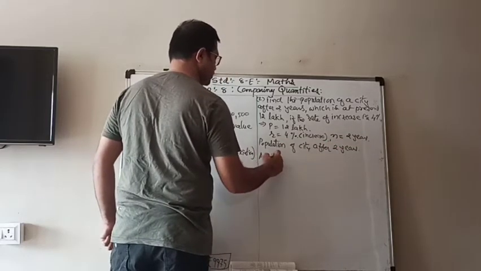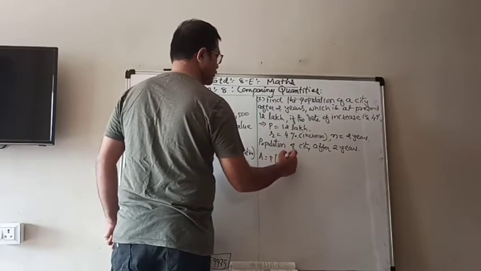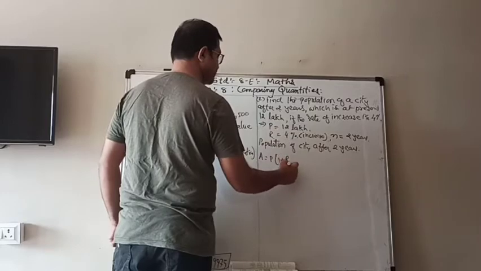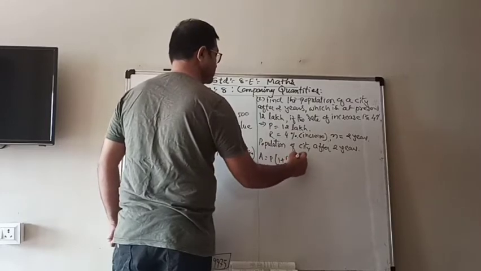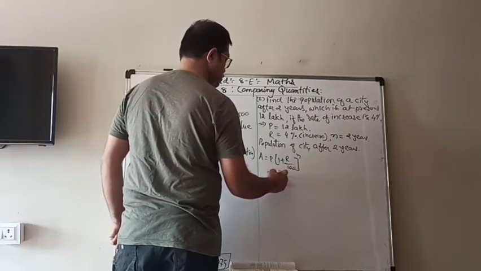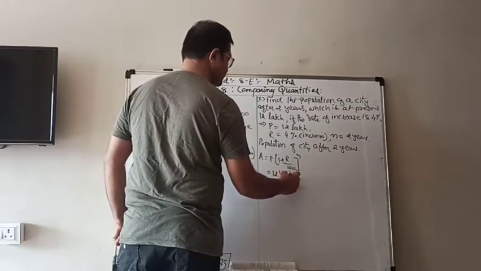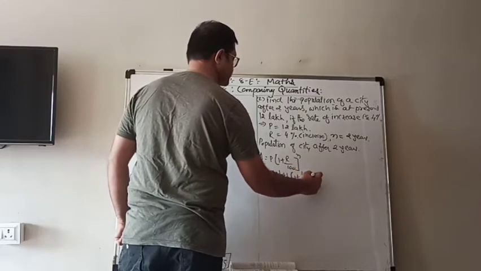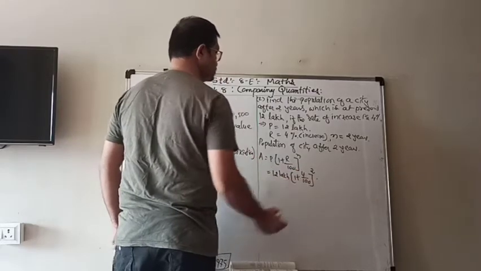So A is equal to P into bracket 1 plus R upon 100 raised to n. That is 12 lakh into 1 plus 4 upon 100 raised to 2.